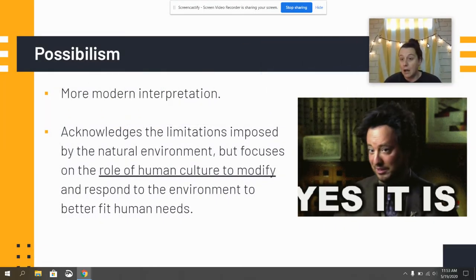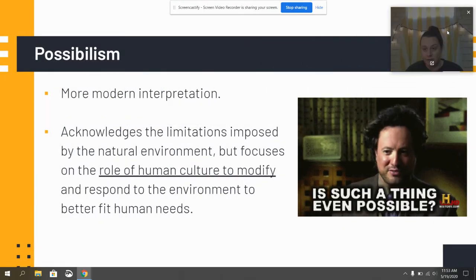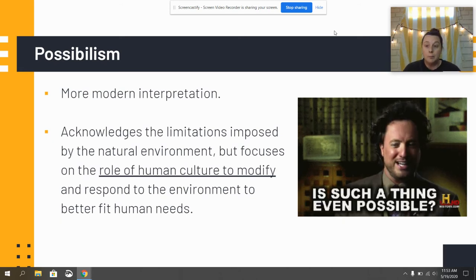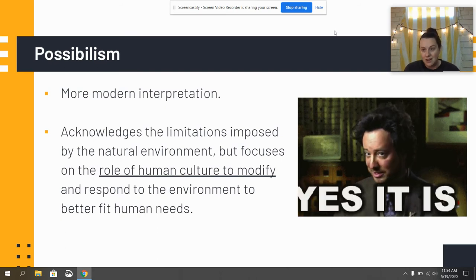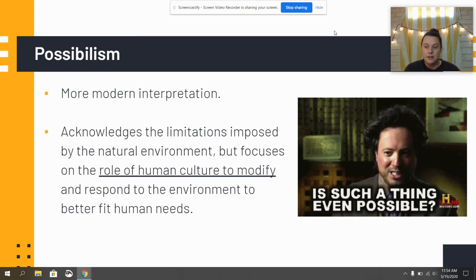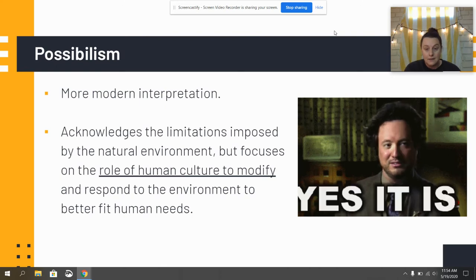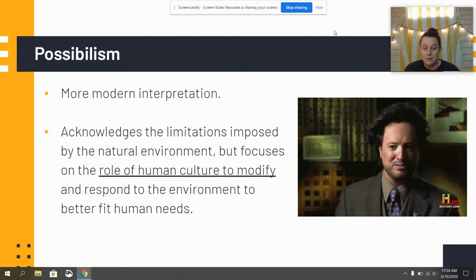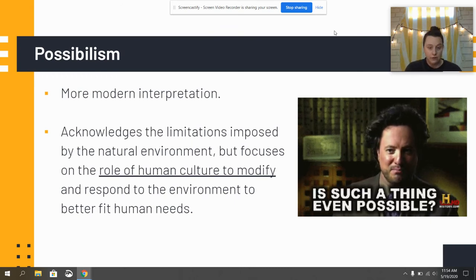Now, let's talk about the opposite theory, which is more in favor with geographers and cultural ecologists today. This is called possibilism. So much more modern, much more nuanced, and it takes into account the fact that, yes, there are limitations imposed by the natural environment on humans. However, humans are innovators.